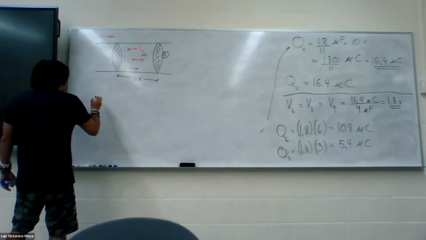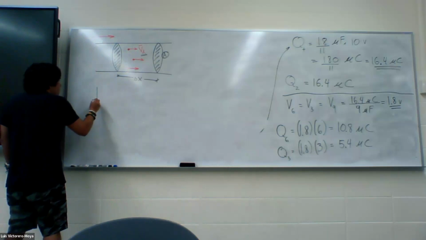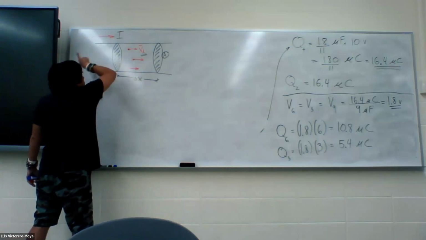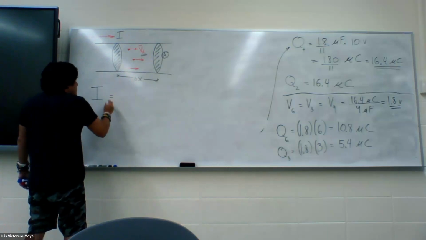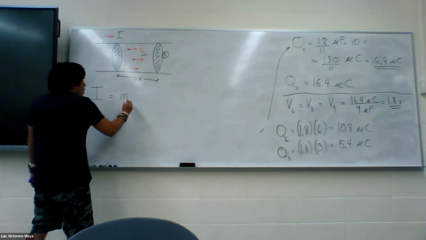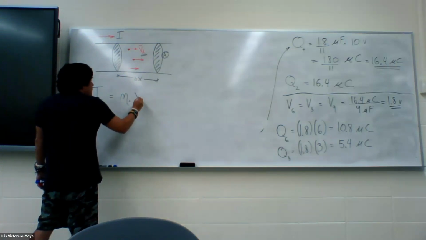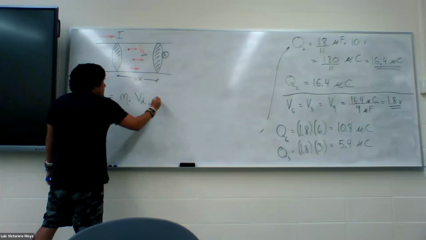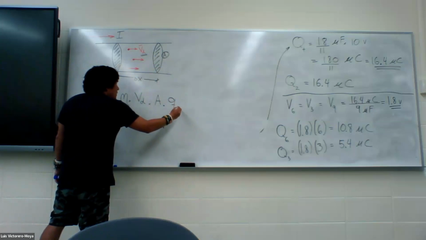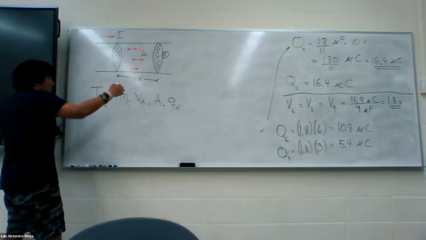So then we can define the current flowing as the density of carriers n multiplied by the drift velocity multiplied by the area multiplied by the charge of the electron, the magnitude of it.